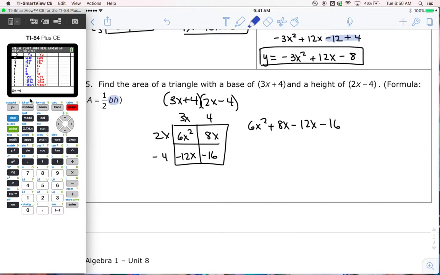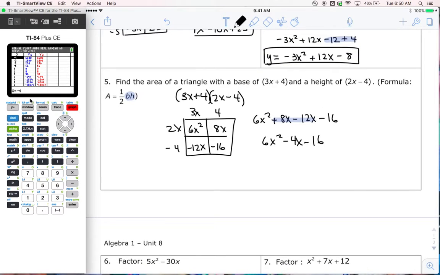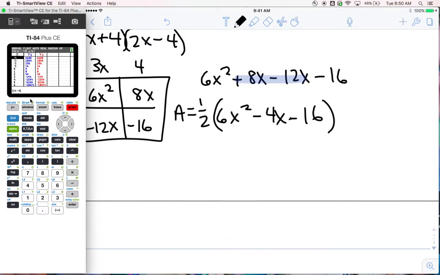Don't forget to combine those like terms in the middle, and we've got 6x squared minus 4x minus 16. Okay, now don't stop here, because remember, all we did was the base times the height. So now what we need to do is divide all of these by 2. Or if we want to use this formula that's written, we can do area equals 1/2 times this. Right? Don't forget to divide everything by 2.